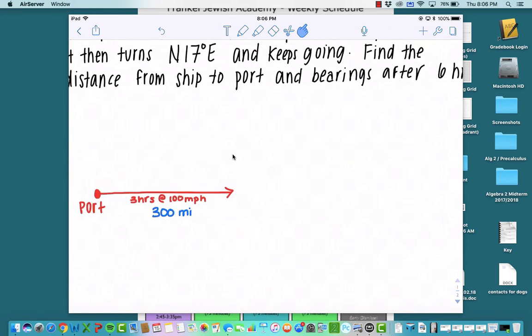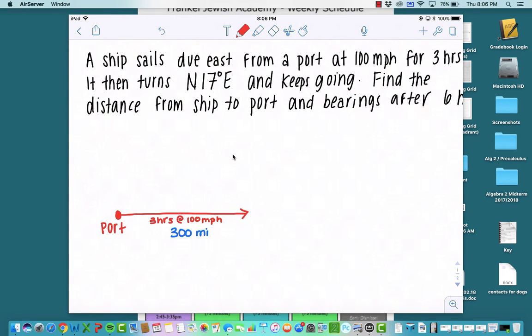This is where it gets a little tricky. This is where you have to understand what that N17E means. The first thing you have to do is draw your north-south line.